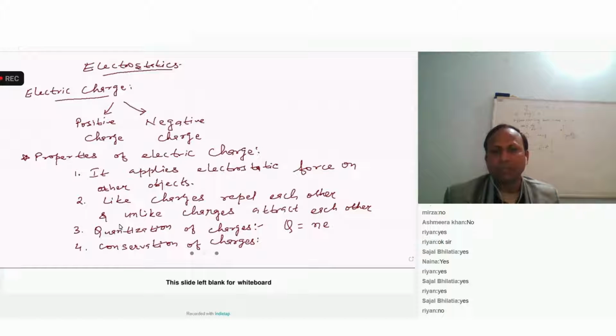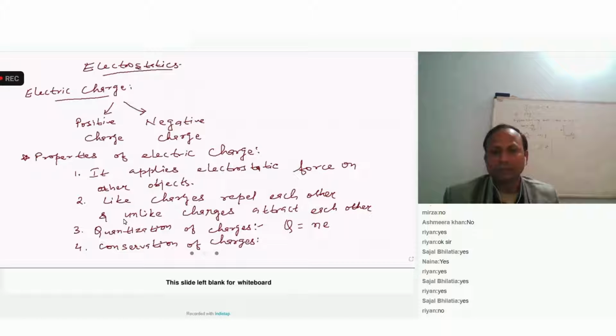Then what will happen? Charges will transfer from one object to the other, but there will be no creation of charges from outside. I mean, there will be no increase in charge in the overall system, neither will there be any kind of destruction or loss of charges.